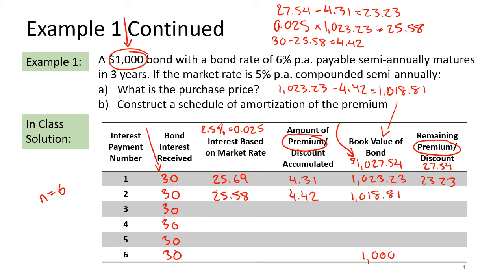So our remaining premium in this case is simply $23.23 minus the $4.42 we've accumulated this payment. So we arrive at $18.81. Okay? So again, as you can see, the remaining premium is tracking the book value of the bond.